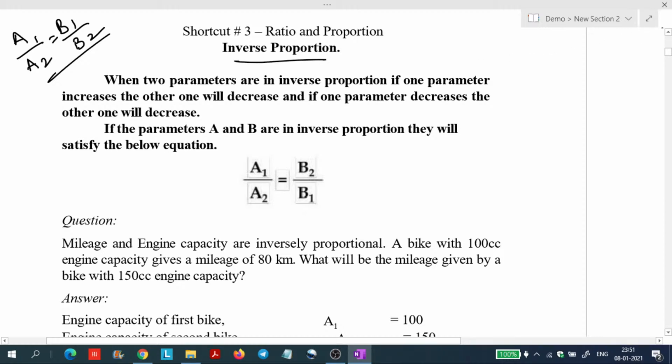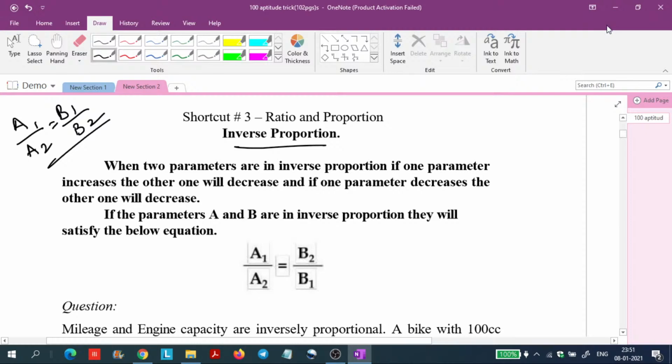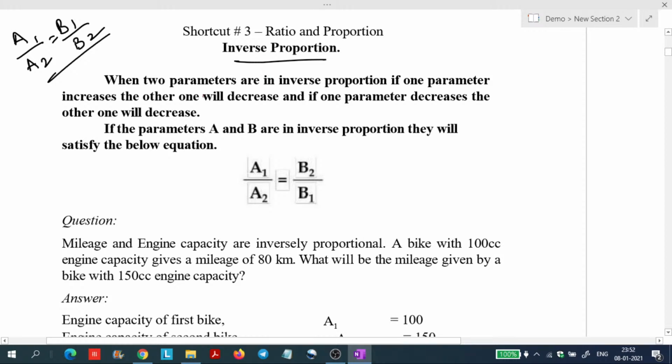When two parameters are in inverse proportion, if one parameter increases, the other one will decrease, and if one parameter decreases, the other one will increase.